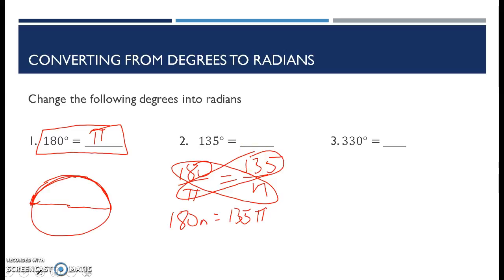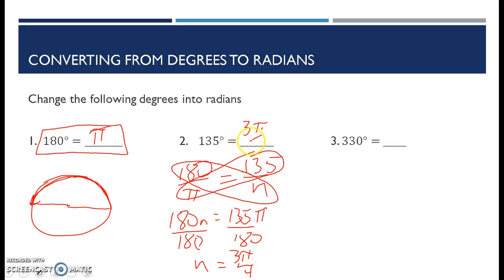To figure out what n is, I'm just going to divide both sides by 180. If I take 135 times pi divided by 180, I could simplify the 135 over 180, and that would give me 3/4. So 3 pi over 4 radians.